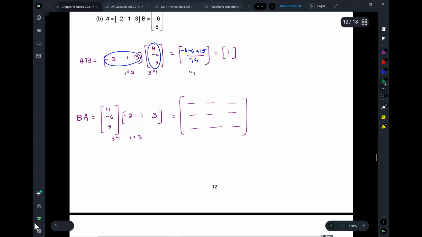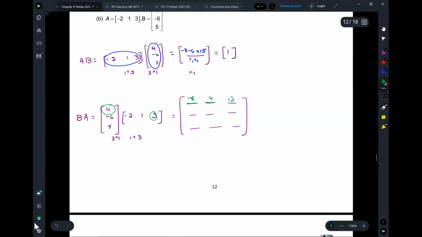All right, so take a look at how this one works. This first one is row 1, column 1, right? So row 1, column 1. You just have one number to multiply, negative 8. Okay? Next, row 1, column 2, 4. Next, row 1, column 3, 12.